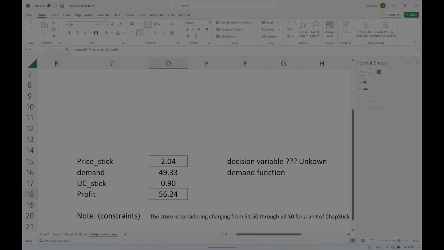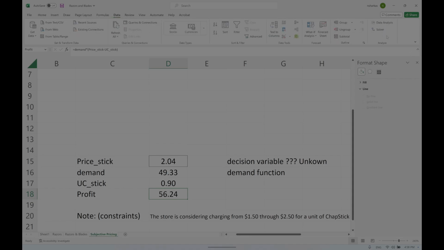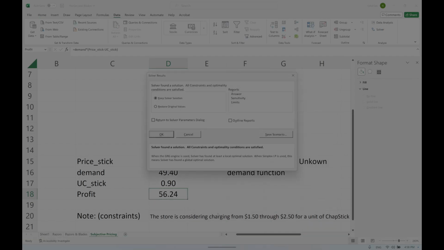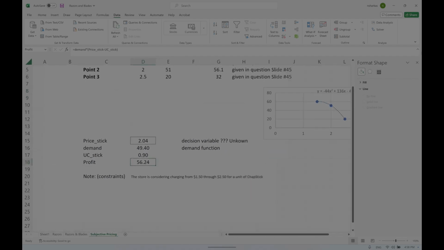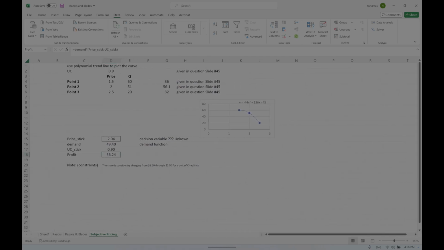Let me just run the optimization problem again, so that it's right when I share the file with you. Okay, all right, now it's all good. And this is how we do this optimization problem based on subjective pricing. So now, what is next? Next is the assignment. I'm going to put an Excel sheet for you to work on, and it's going to be exactly the same question, but I am going to change the elasticity, for example, to 3, higher elasticity, or 2.5.